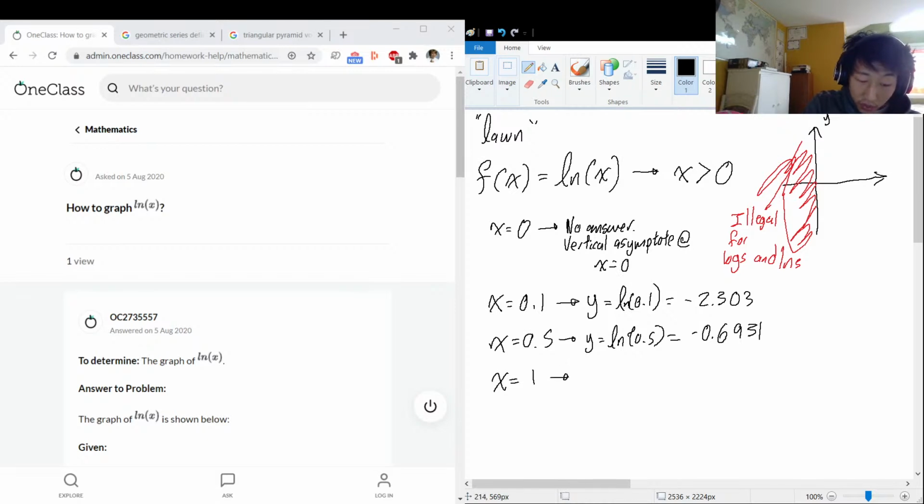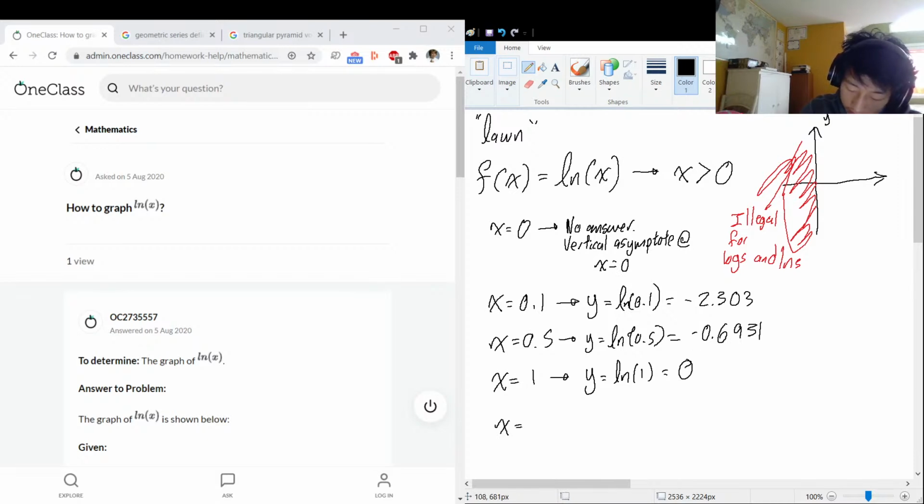Well, what's the natural logarithm of 1? That's a nice shortcut that you can remember. The logarithm or natural logarithm of 1, of any base, is going to be 0. It's equal to 0.